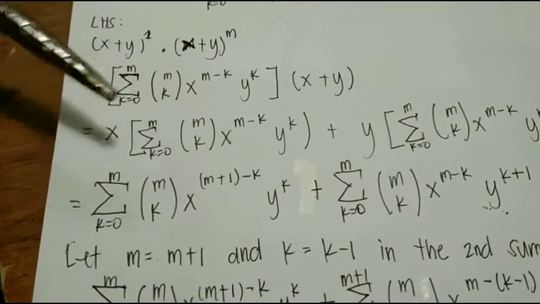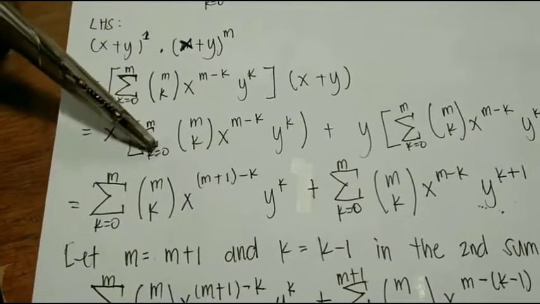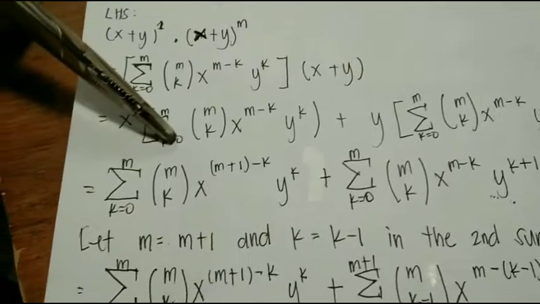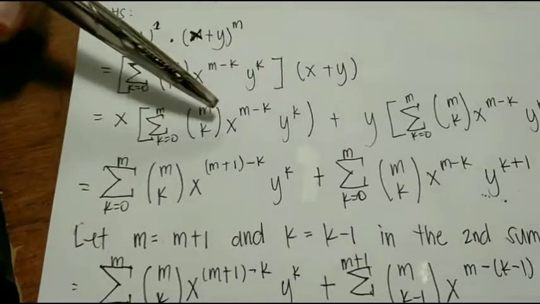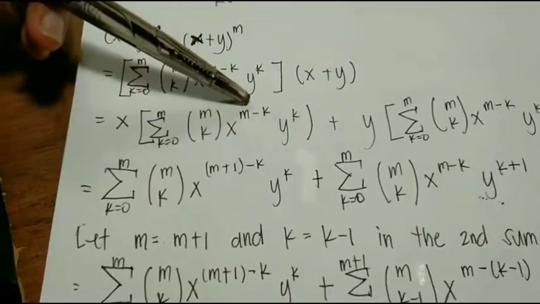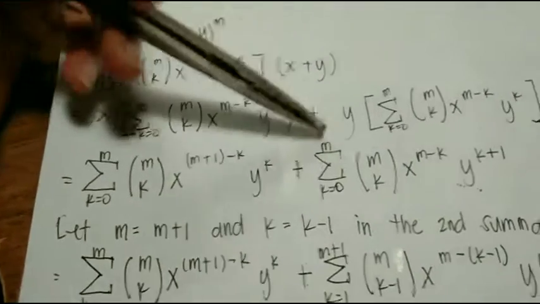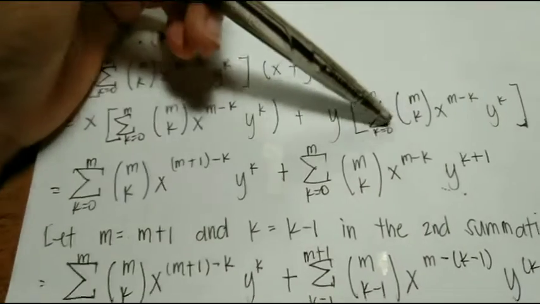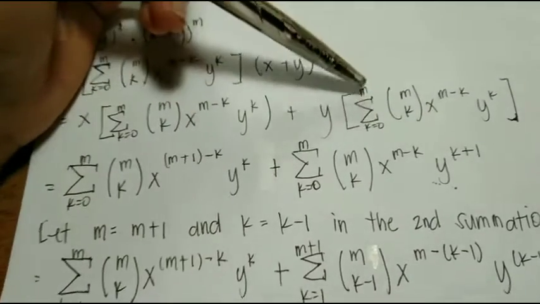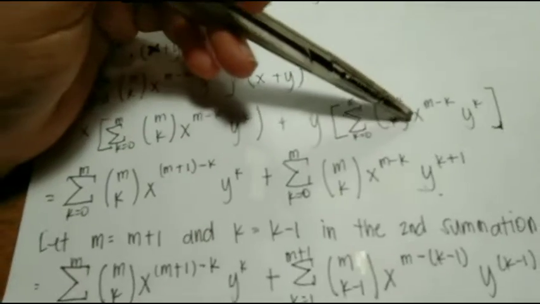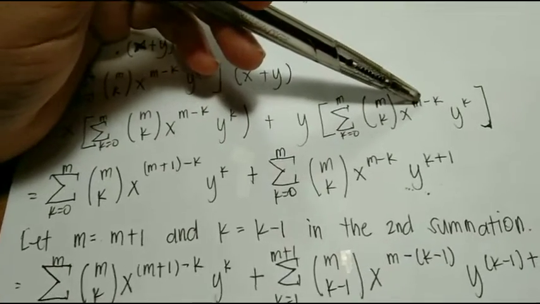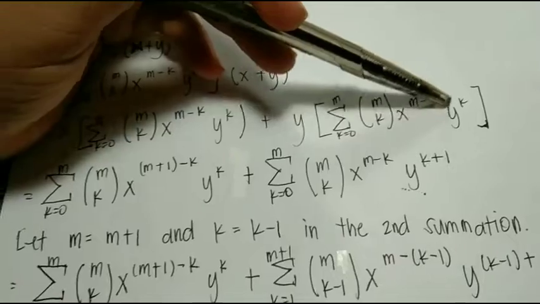So first, x times the summation of k equals 0 to m of m taken by k times x to the exponent of m minus k and y to the exponent of k, plus y times the summation of k equals 0 to m of m taken by k of x to the power of m minus k and y to the power of k.